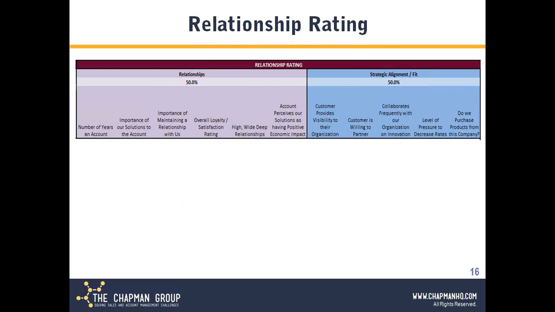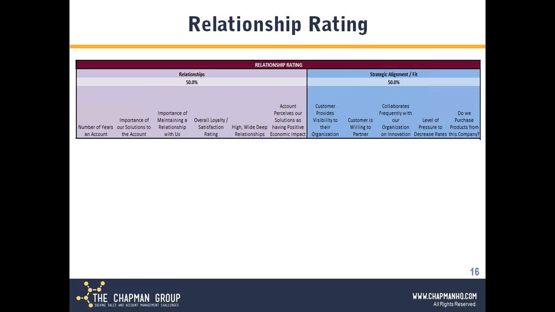For example, on the relationship side of the equation, we have two components. These are some of the factors that you might want to take a hard look at. And these are very critical factors, whether it's number of years, importance to solutions, and maintaining the relationship with us. Are they willing to? Do we have high, wide, deep relationships?